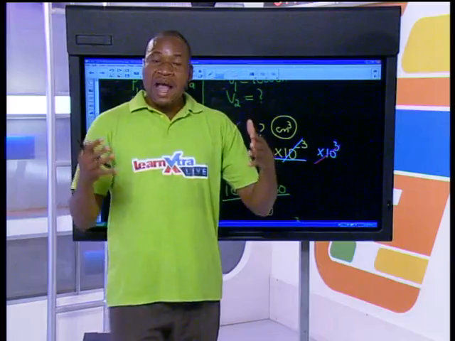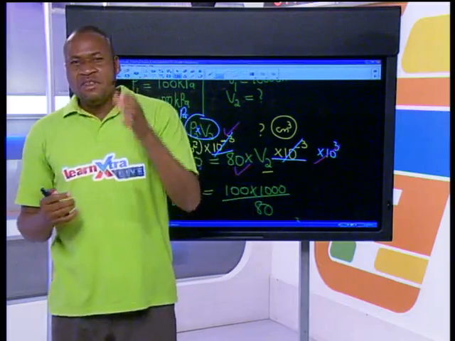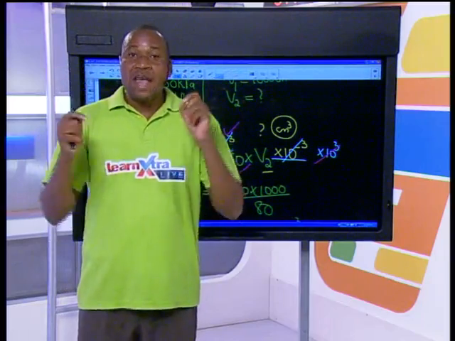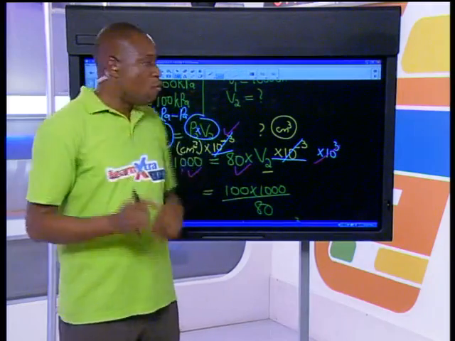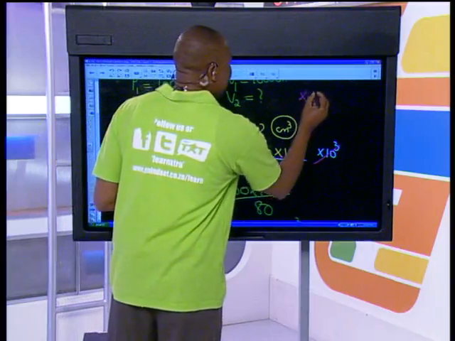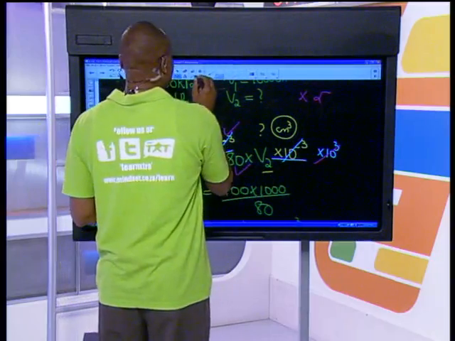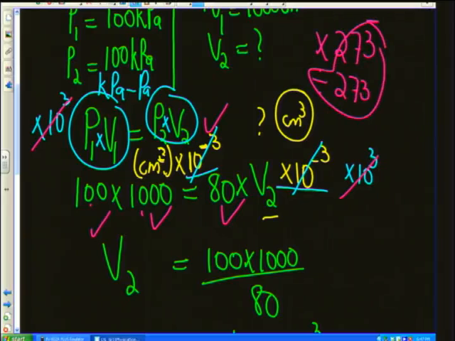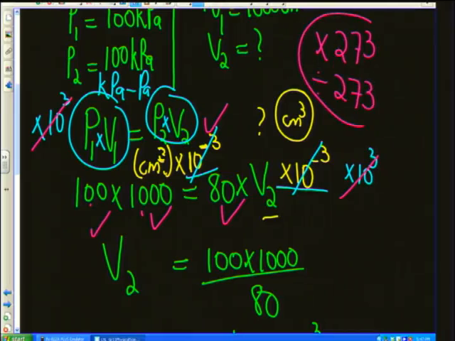But when you come to Charles's law, the conversion from degrees Celsius to Kelvin becomes necessary. You have to do it. Why? Because there we are not multiplying by 273 or dividing by 273, so that in both cases you have got a common factor. What are we doing there?